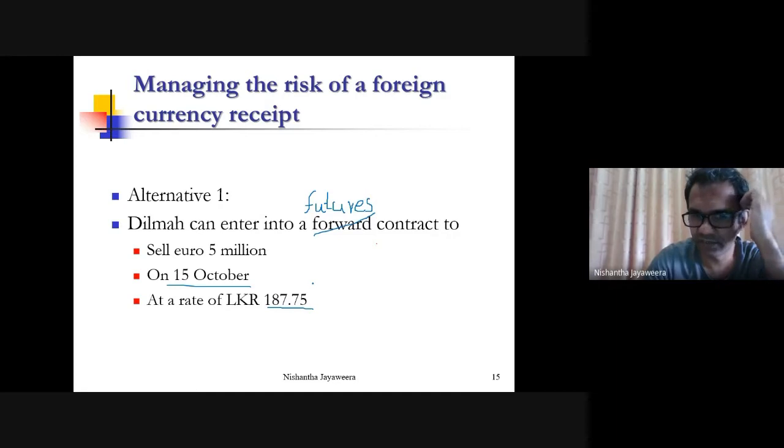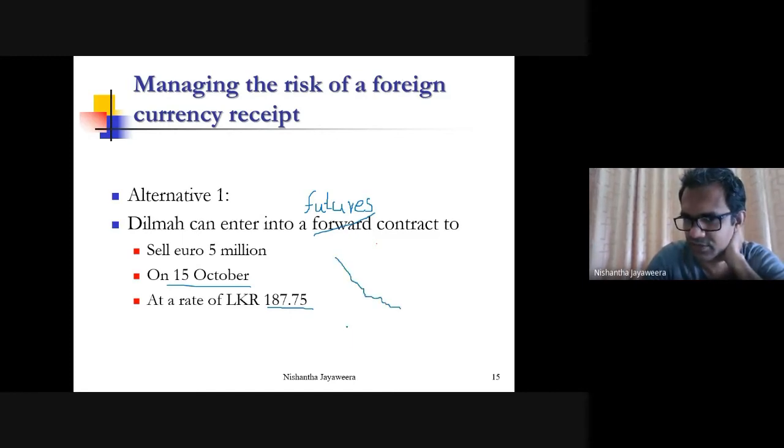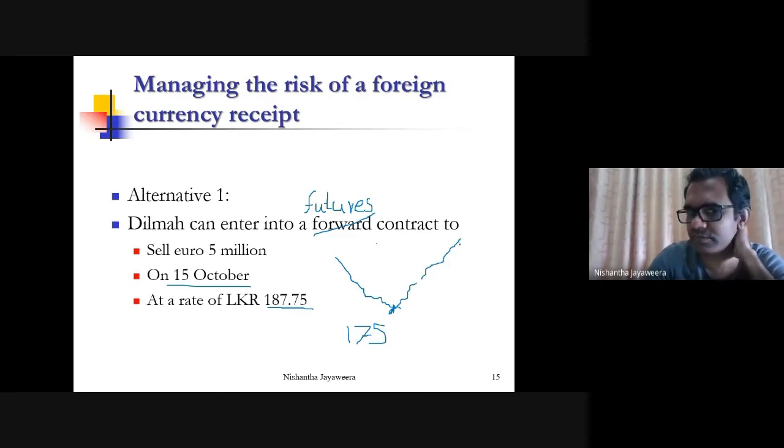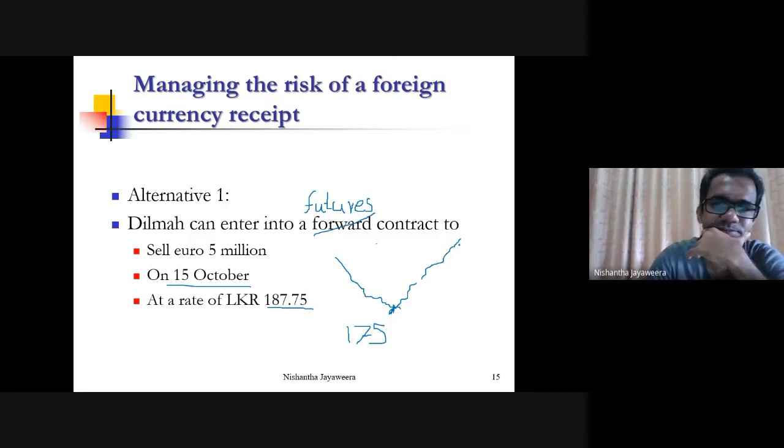Not only that, say after you sell the futures contract, assume the exchange rate went down, say it went to 175. Now you feel this will bounce back and come up before October 15th.